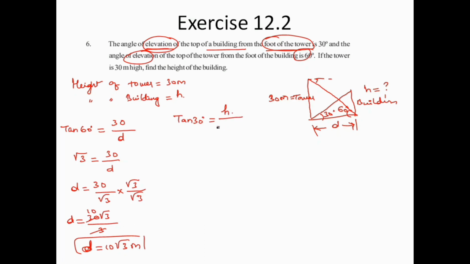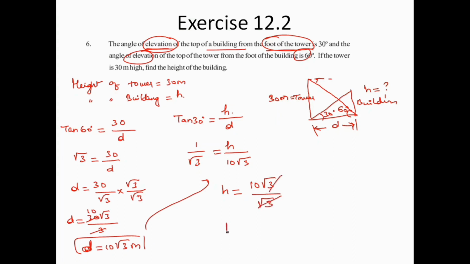H by how much is your distance? That's your adjacent side. So tan 30 is 1 by root 3, equal to h by d. I'm substituting the value of d in this equation. So we are having something like this. Now I'm shifting onto the other side. So 10 root 3 by root 3.